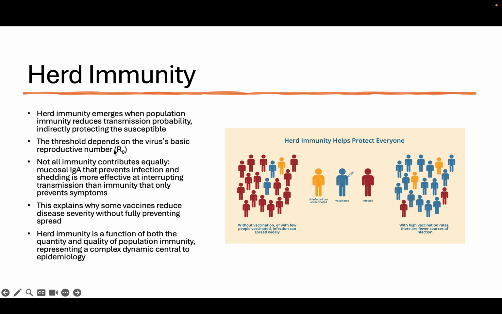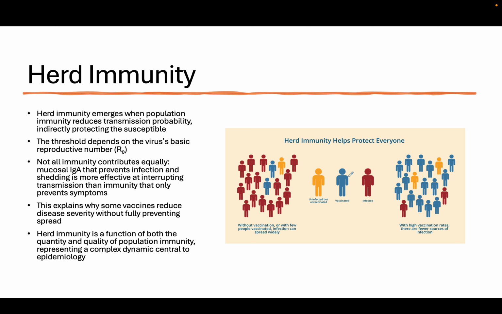And the threshold depends on the virus's basic reproductive number. A virus has a reproductive number, which is the average number of people one infected individual can infect. Influenza sometimes has an R0 of 3, for example. That means one person infected with influenza can infect an average of 3 people.